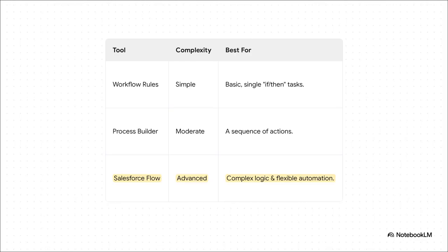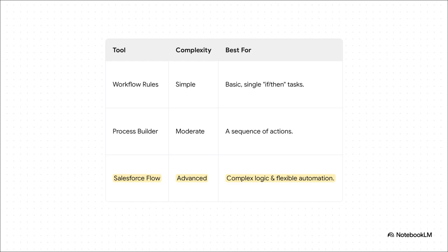Now, if you've been around Salesforce for a while, you might know about older tools like Workflow Rules and Process Builder. And look, they were great for their time, but they really can't hold a candle to Flow. Those older tools are good for simple if this, then that kinds of tasks. But Flow is built for the complexity of the real world. It can handle advanced logic, interact with users.